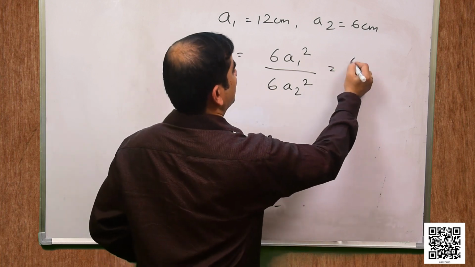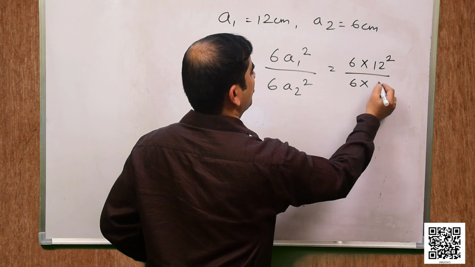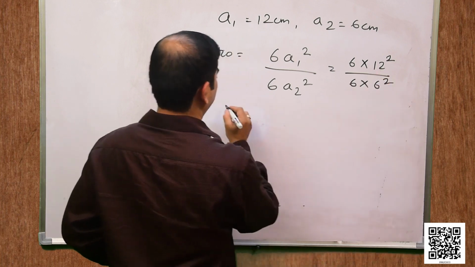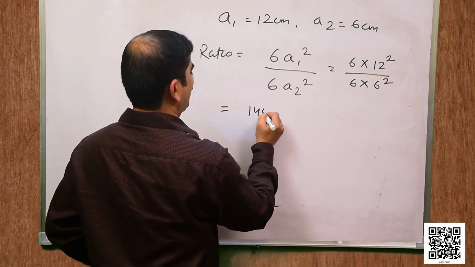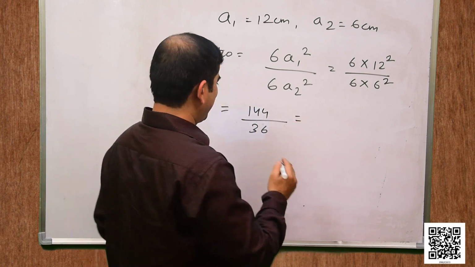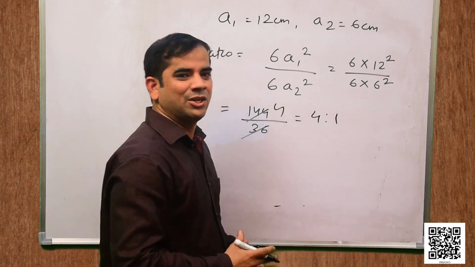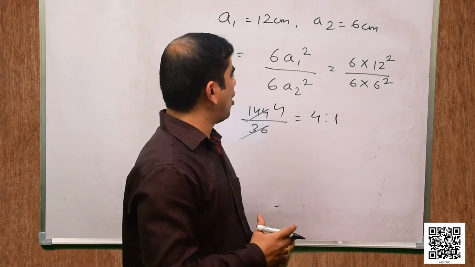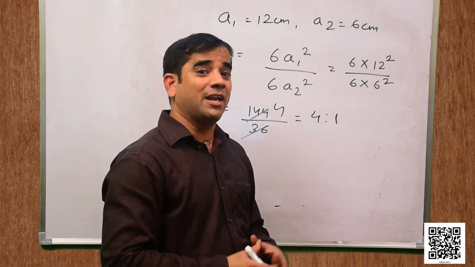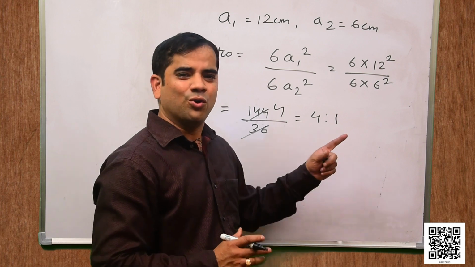That is equal to 6 into 12 square divided by 6 into 6 square. That is 144 divided by 36. Okay, that is 4:1. So, the ratio of the surface areas of the larger cube and the smaller cube is 4:1.